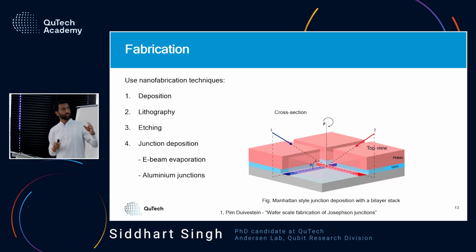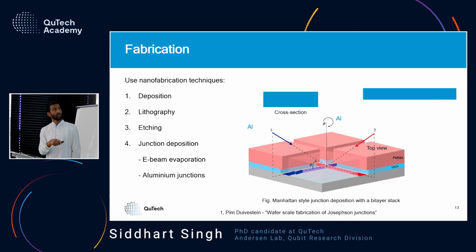So what you do is you use a technique called double angle evaporation, where you define two channels like this blue channel and this red channel here. And then you do an angled deposition in such a way that in the electron beam evaporation, the aluminum is coming from the source, and it comes first in the first direction.